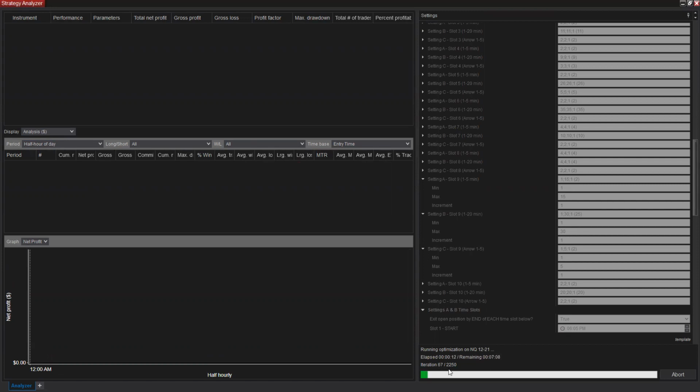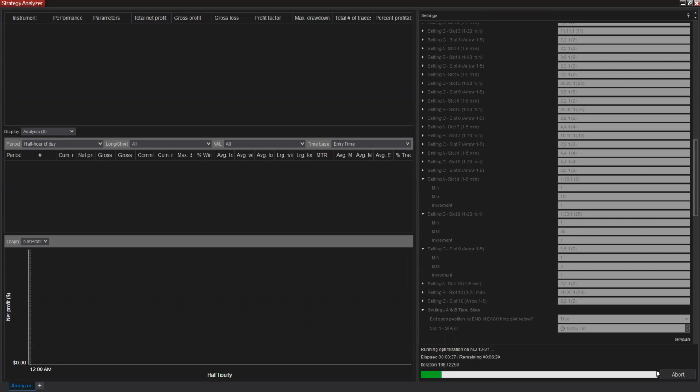But if you're doing a much larger period of time, like the last few months' worth of data, it's worth it to go and optimize which settings specifically worked during those specific slots, that time of the day, so it's worth putting in the time to find out the best results. And I'll just let this one run.